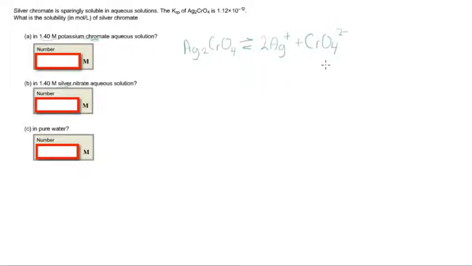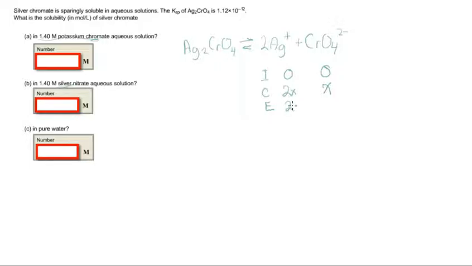If I do an ice table of this, we find that we start with 0 silver, we start with 0 chromate, but for every mole of chromate that we get, we're going to get 2 moles of silver.